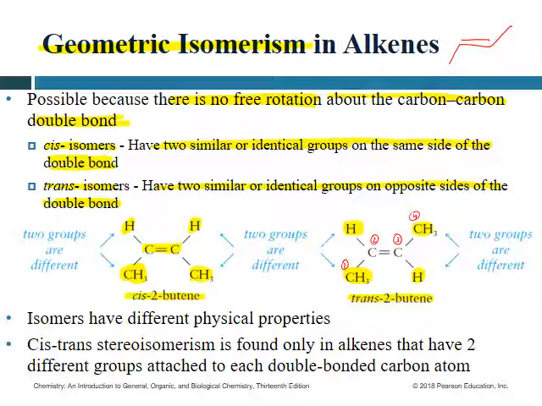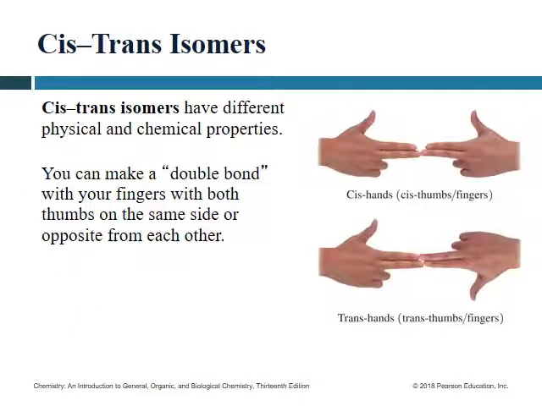This makes a big difference because their physical properties change. Whenever cis and trans isomers are present, they have different physical properties. Therefore cis and trans are very important. You could also remember this like so: if you have your 2 hands in front of each other and you look at your thumbs, if both thumbs are facing the same direction, that means this is cis.